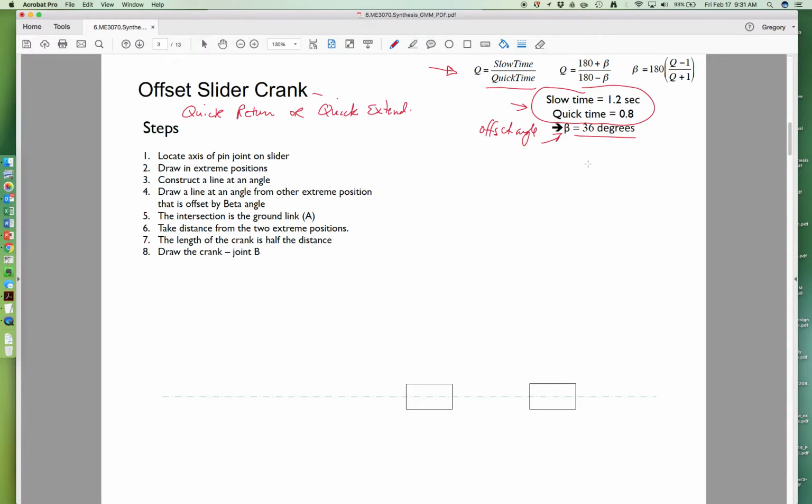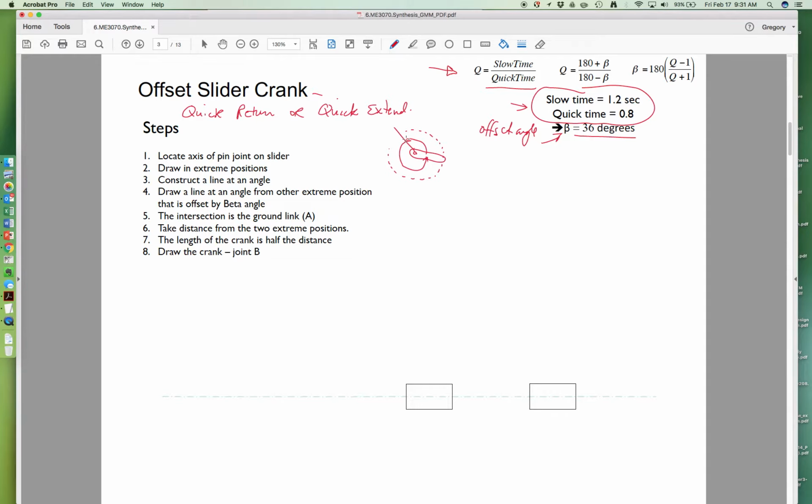Okay, so essentially what we're saying here is the following. If we've got a crank, and that crank is going to rotate about that center point, to go from position 1 to position 2, it might go through this angle, and then to go from position 2 back to position 1, it'll go through this angle.